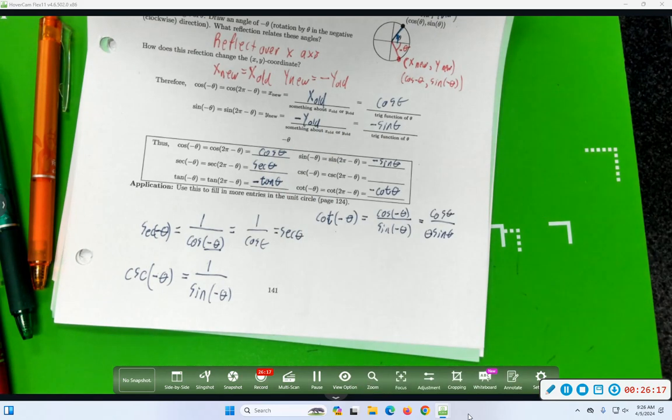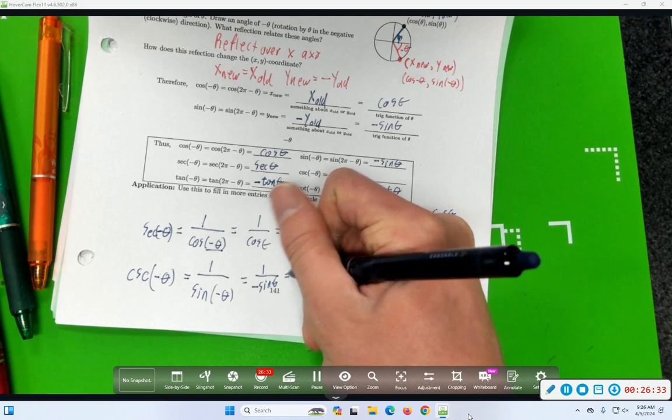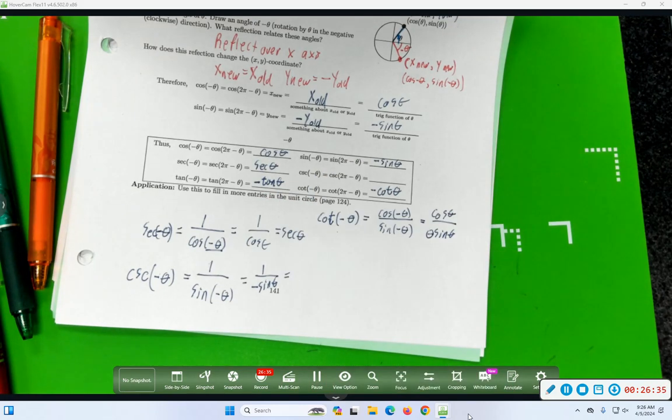All right, what about when you do this to cosecant? The negative I could pull out, leaving you with negative 1 over sine, which maybe is exactly what you said. What's 1 over sine? Cosecant. Cool.